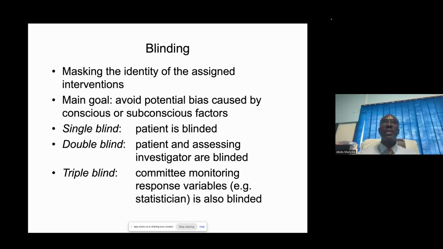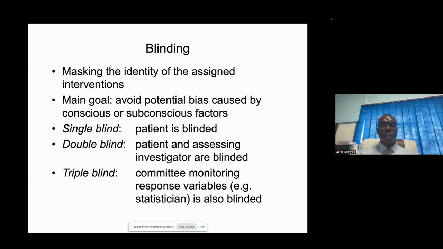There's single blinding, where only patients are blinded to what they are being subjected to. For example, they don't know if they are getting treatment A or treatment B. So this is called single blinding. Double blinding: the patient and the assigning investigator are both blinded.